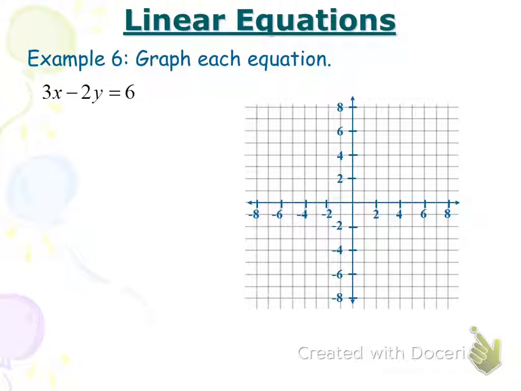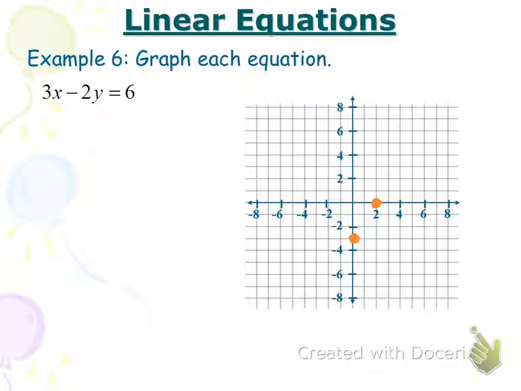All right, can you see quickly and easily what the x-intercept of this graph would be? What's the x-intercept? 2. What's the y-intercept? -3. So there's 2, and here's -3. And that kind of shows you that this is a reflex you need to develop.